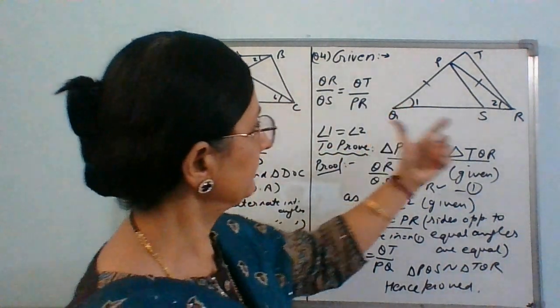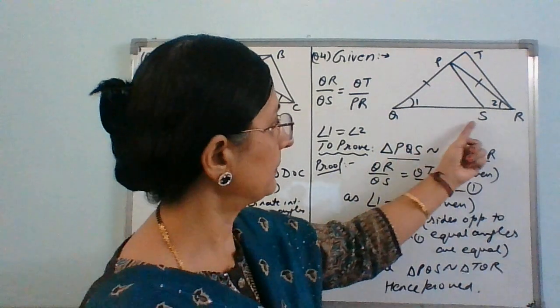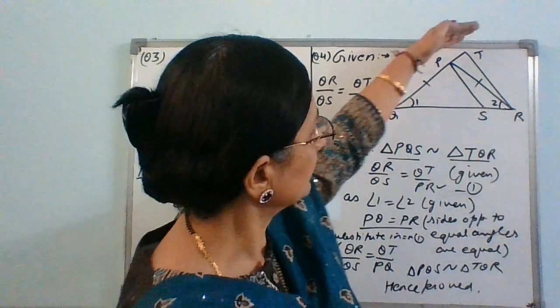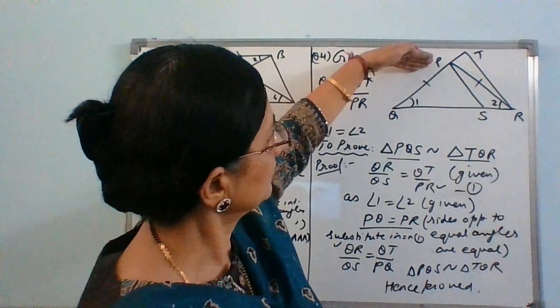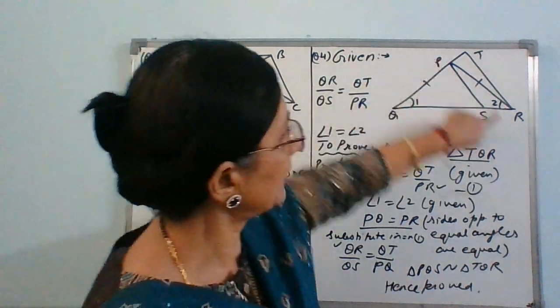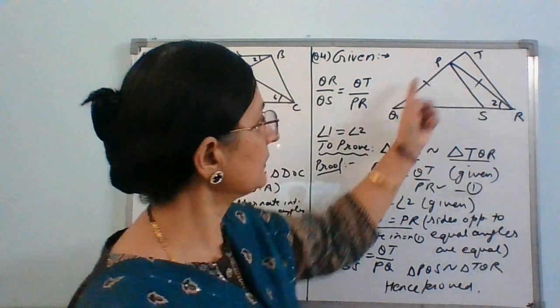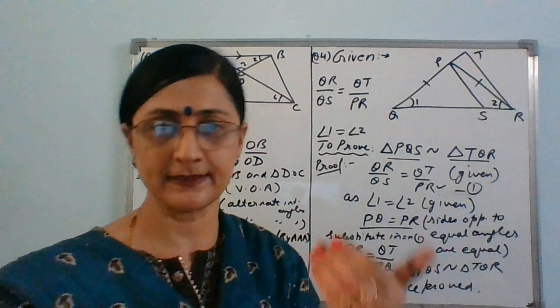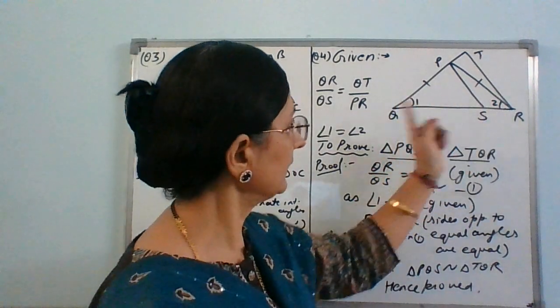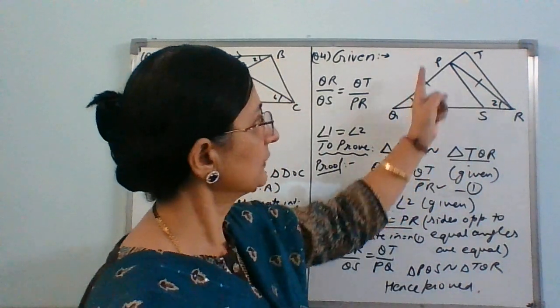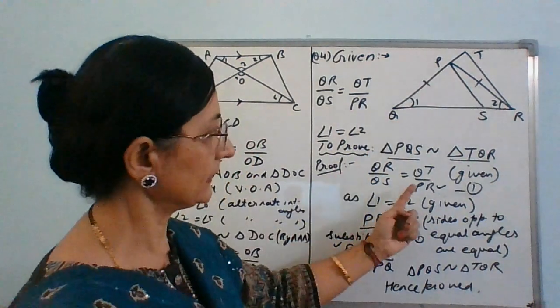What was in it? QR upon QS was given, QT was given, but PQ was not given. In place of PQ we were given PR, and PR is equal to PQ because angle 1 is equal to 2. It is given. Angles 1 and 2 are equal, so their opposite sides are equal, so put PQ in place of PR in the given part.